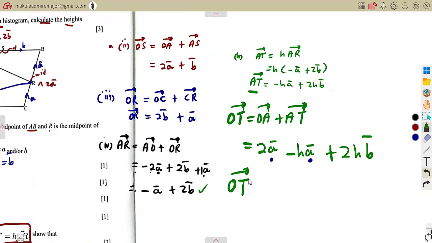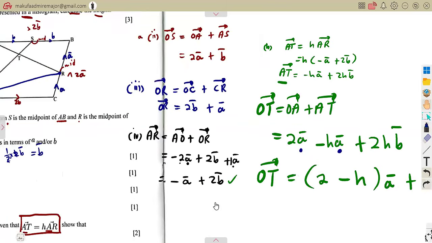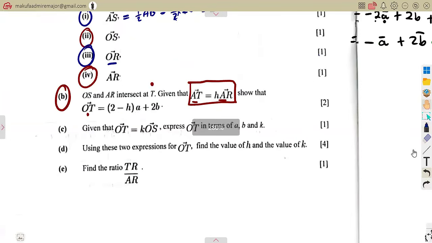So therefore, for our vector OT, by factoring out our vector A, which is common, 2A divided by A, we're going to remain with 2, minus HA divided by A, we're going to remain with minus H, plus 2HB. So we have got our vector OT, which is the one that we are asked to show.